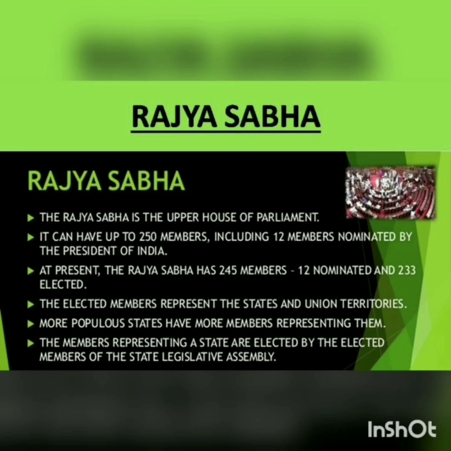The elected members represent the states and union territories. More populated states have more members representing them. Here, beta, the members representing a state are elected by the elected members of the state legislative assemblies. I hope that the composition of Rajya Sabha is very clear to you now.